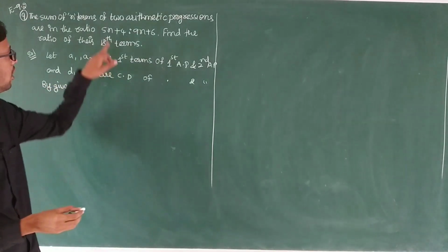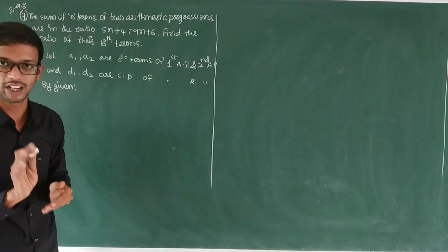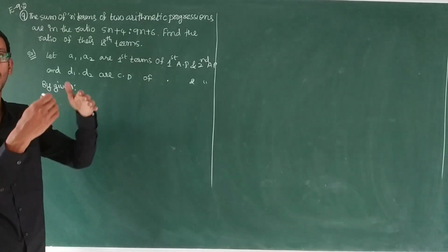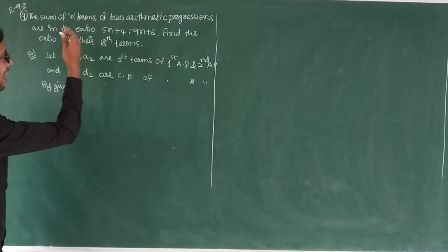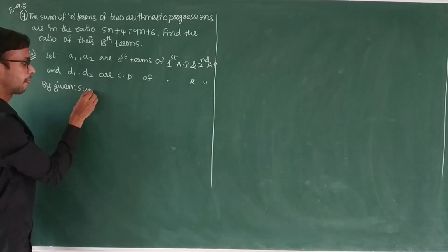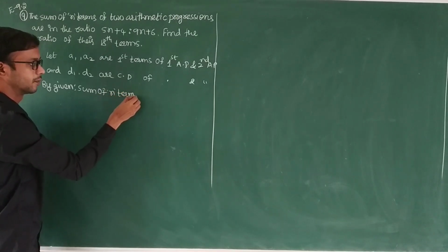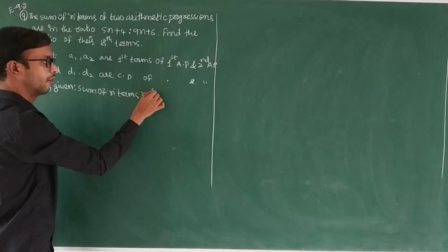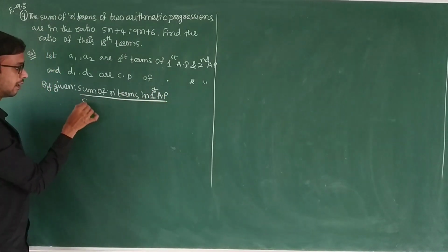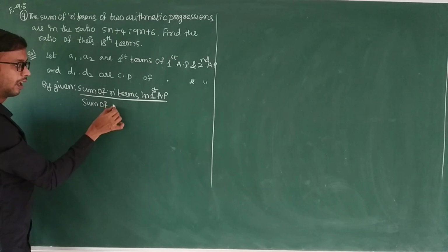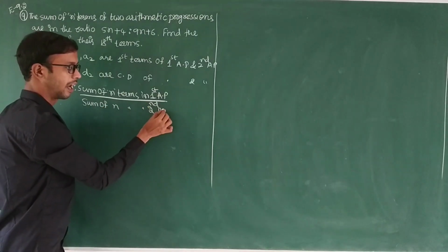what is given here? The ratio of the sum of n terms of the two arithmetic progressions. Ratio means first one divided by second one. So the sum of n terms in the first AP divided by the sum of n terms in the second AP is given.